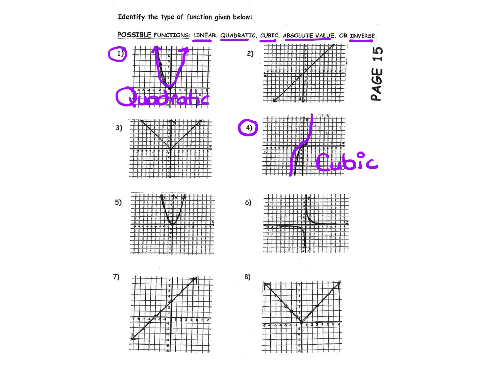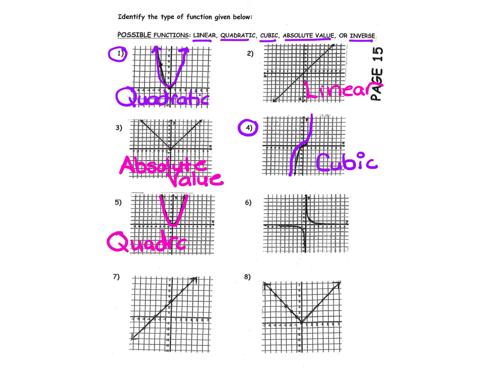Okay, let's check your work. For number 2, you should have stated linear. For number 3, that is the absolute value function. For number 5, we're back to that cup-shaped parabola, which is a quadratic.